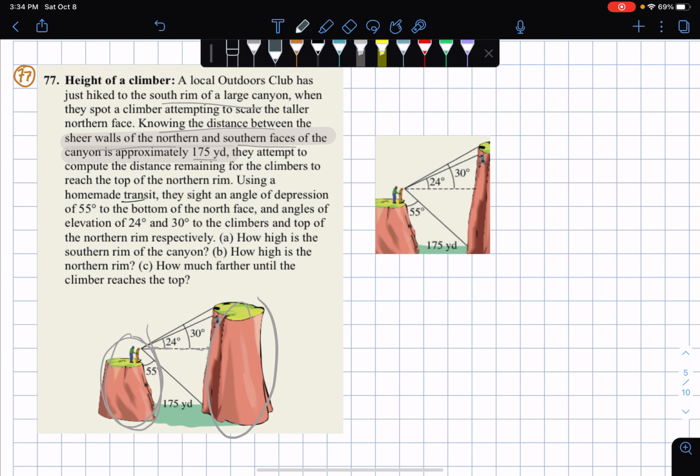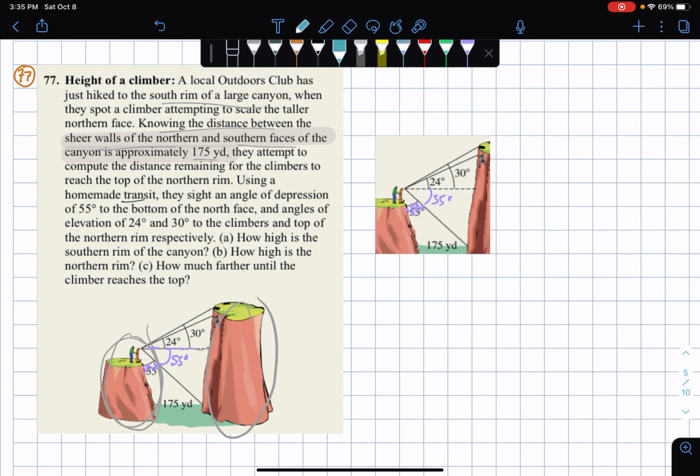Using a homemade transit, they set an angle of depression of 55 degrees to the bottom of the north face. There's actually a mistake here from the book. The 55 degrees is supposed to be this one. It's an angle of depression, so it has to connect with the line of orientation. Then the angles of elevation of 24 and 30 degrees are to the climbers and the top of the northern rim respectively.